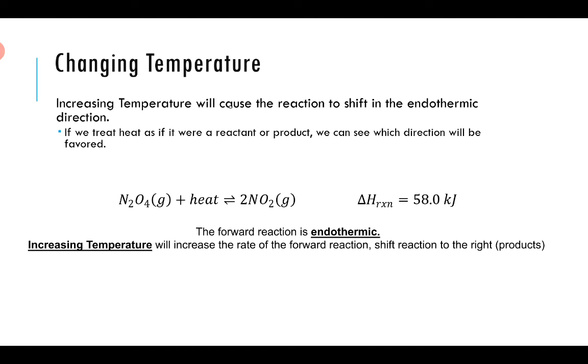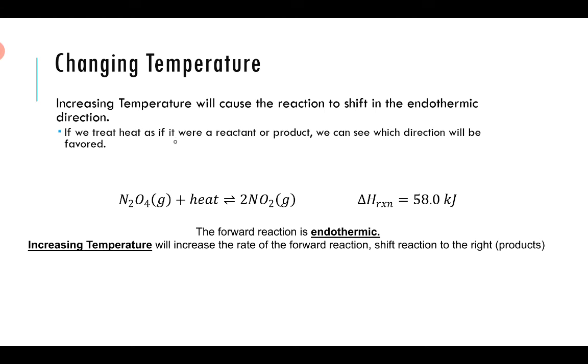All right, next up we have changing temperature. And so we have to think of heat as a reactant or heat as a product. Adding heat will make the endothermic direction more favorable because endothermic reactions absorb heat.